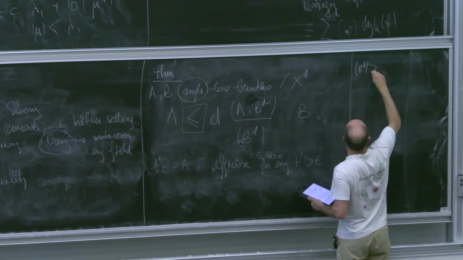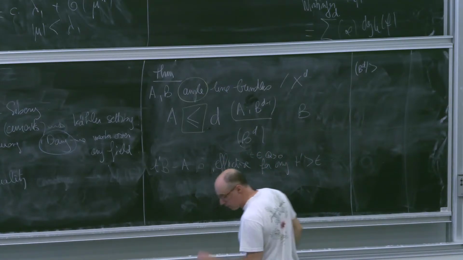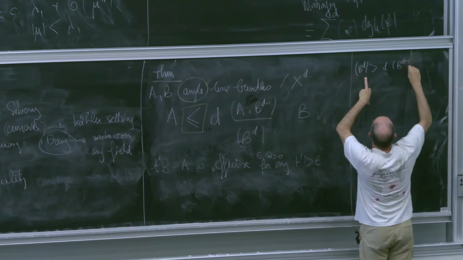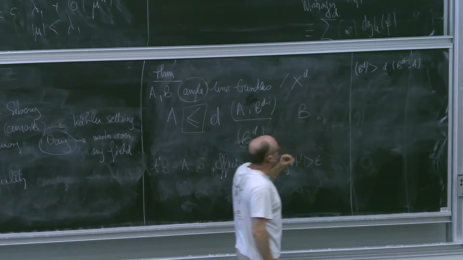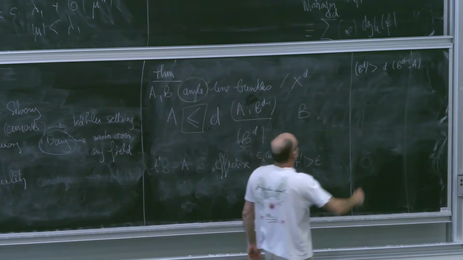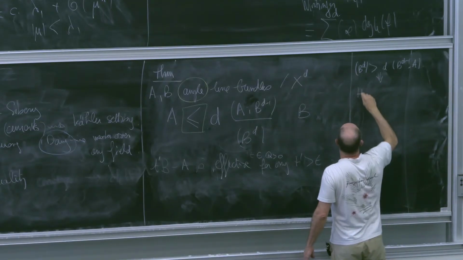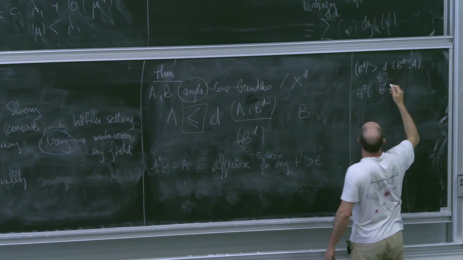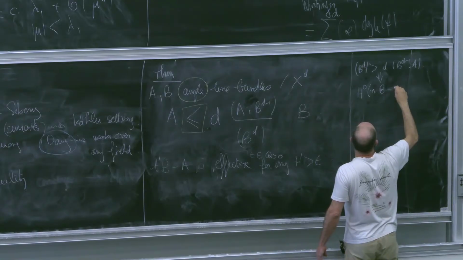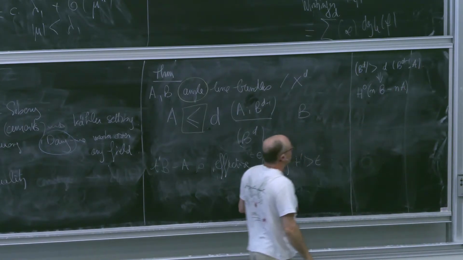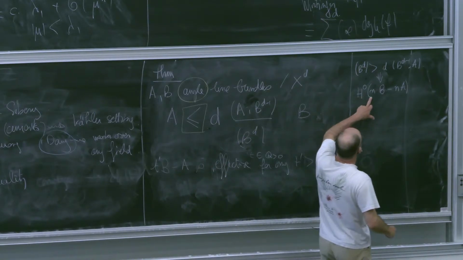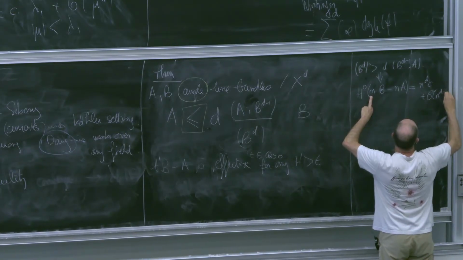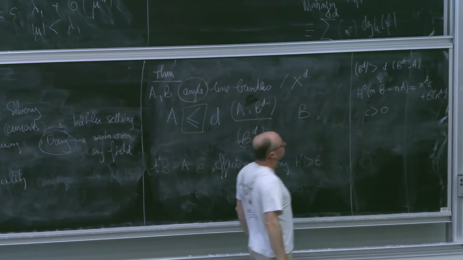Just to tell you that this is basic algebraic geometry. What you prove is, you suppose that you have two ample divisors such that this inequality is satisfied. And what you show is that if you compute the set of sections of nB minus nA, I always use multiplicative notation, so let me turn to linear now, we're going to show that this grows like n^d times some constant c, plus O(n^(d-1)), where the constant c is positive.